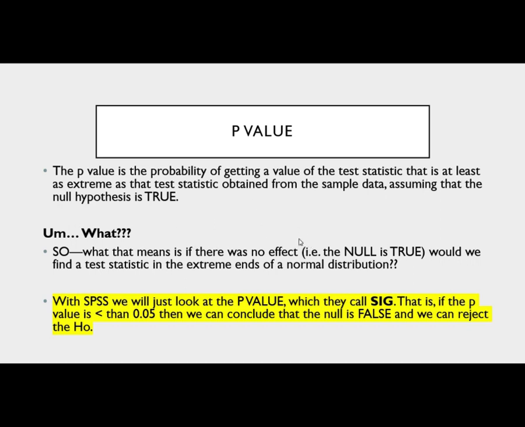Most of the time we're going to find stuff in the middle part of a normal curve. When we find things that are at the ends, in the extremes, that's when we will reject the null.